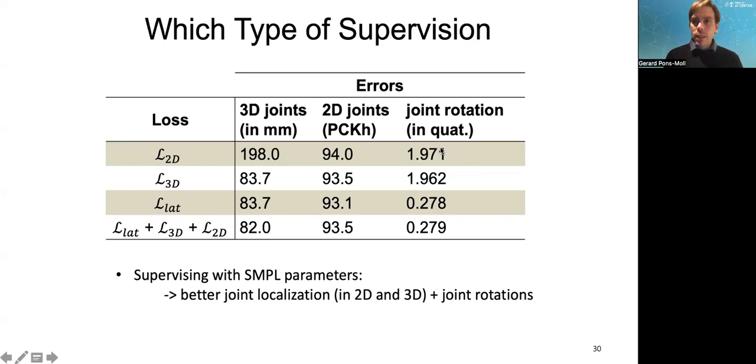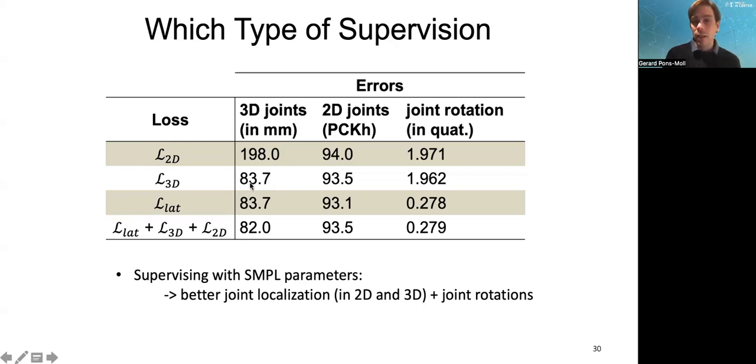So what is interesting here is that if you use only a 2D loss and no prior, no GAN, like the HMR, the error is terrible, like 198. It means basically you have some good localization of the human, but not much beyond that, right? You're not doing anything meaningful here. If you have a loss in the 3D joint space, in the Euclidean space, the 3D error goes down drastically.